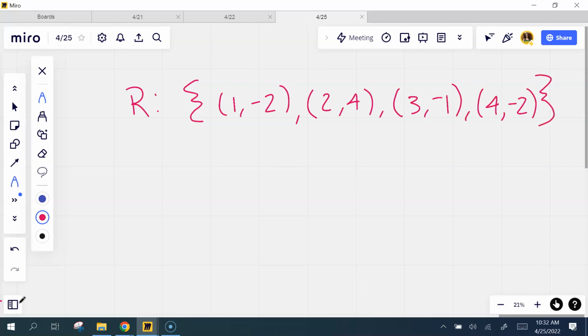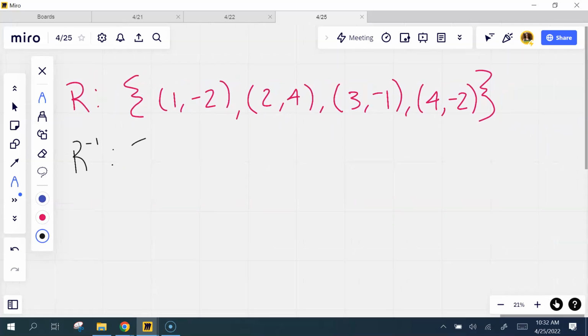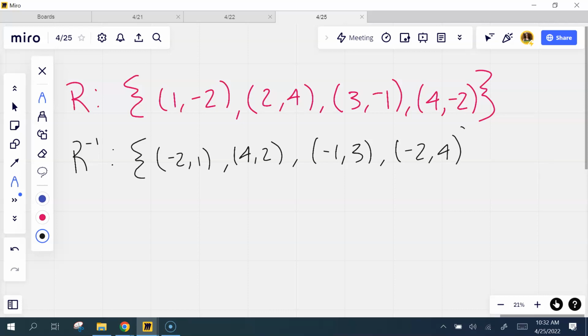So the first question is, how are we going to find the inverse of this relation? You just switch x and y. That's exactly right. So the inverse is going to look like (-2, 1). What's the next point going to be? And then (-1, 3). And then negative. Anybody confused on how we found that inverse, just from a set of points?